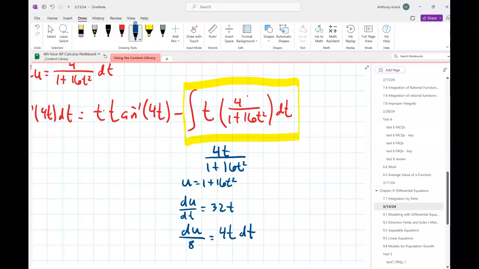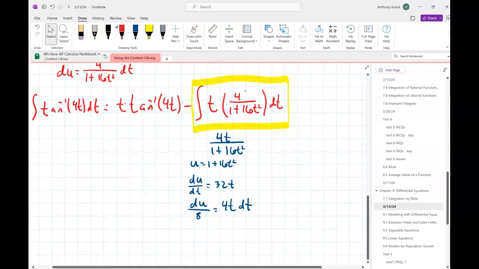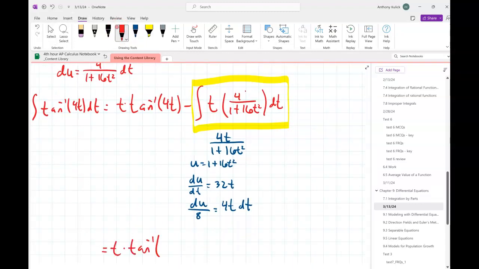So I'll call that du over 8 equals 4t dt. So we have then the integral of, what do we got? We got 1 over u, and then we have 1/8 out front and a du, right?